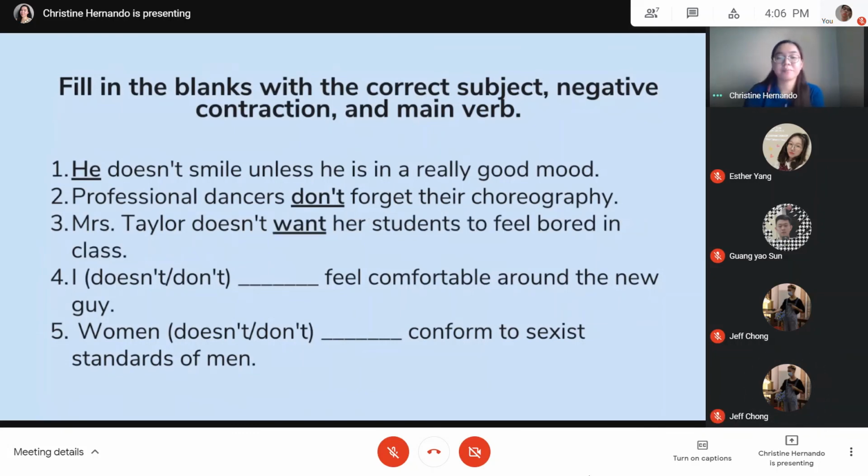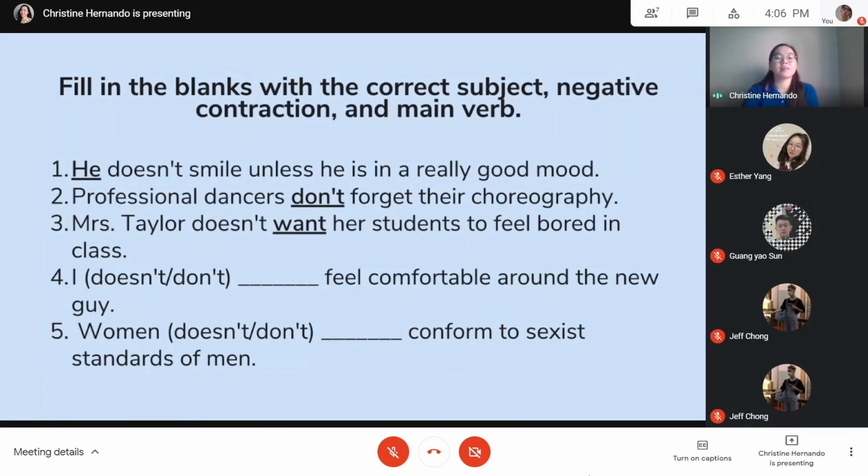That's correct. Because remember the rule: the verb that follows an auxiliary should be in its base form. In this case, want comes after the auxiliary verb doesn't, which is why it is in its base form. So Mrs. Taylor doesn't want her students to feel bored in class.